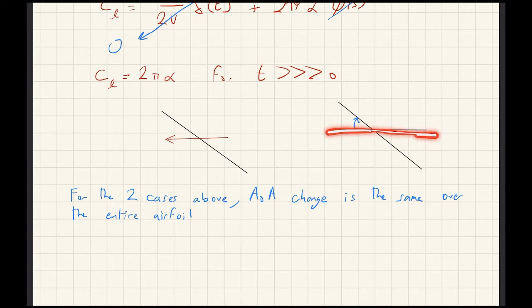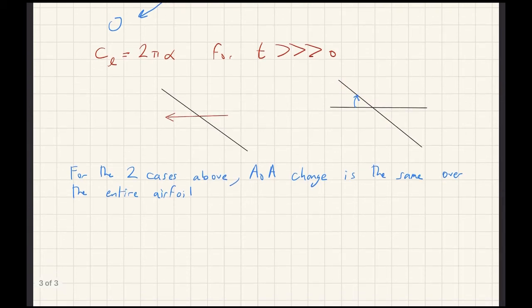Likewise, for a wing that suddenly changes its angle of attack to some constant angle of attack, each point in the wing experiences this change of angle of attack. Now, this is important to note for the next canonical problem where we will not have this property.